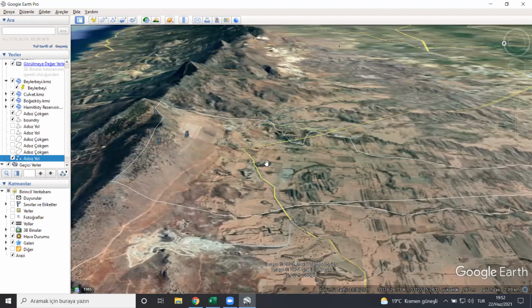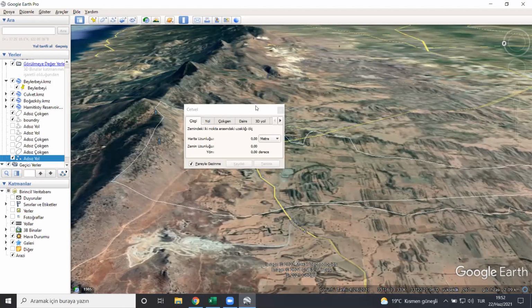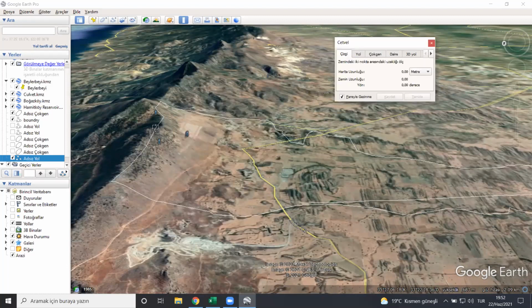You can read the height at this point, and then at this point, and then by using this ruler option, you can get the distance, and by using the distance and the difference between heights, you can calculate the slope easily.